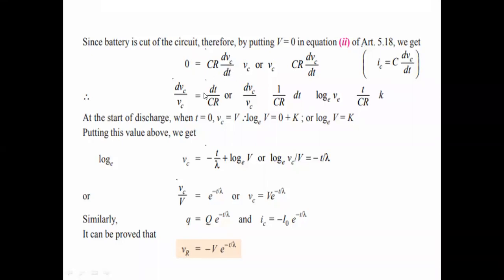So from that, dVc by Vc is equal to minus dt by CR; we take the other sides. So dVc by Vc is equal to minus 1 by CR into dt. And by applying the logarithm on both sides, log of Vc is equal to minus t by CR.